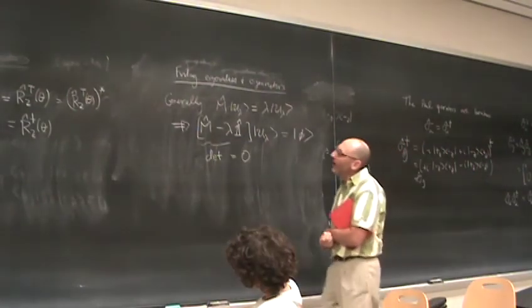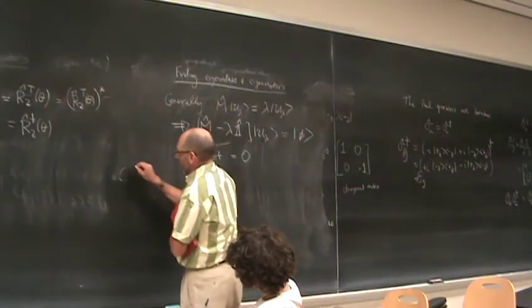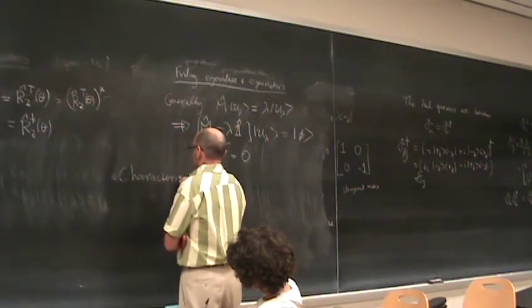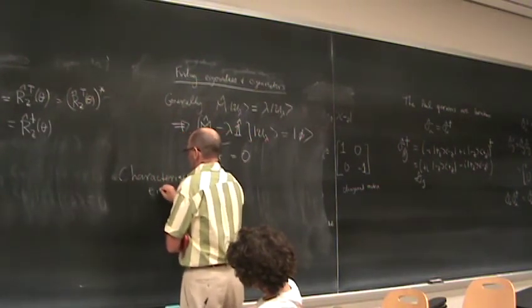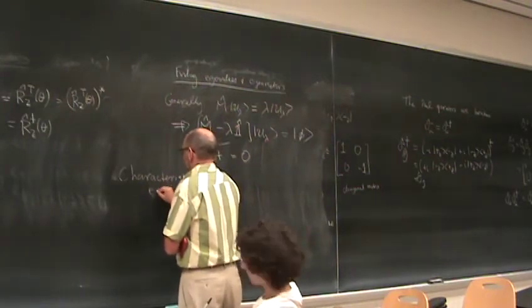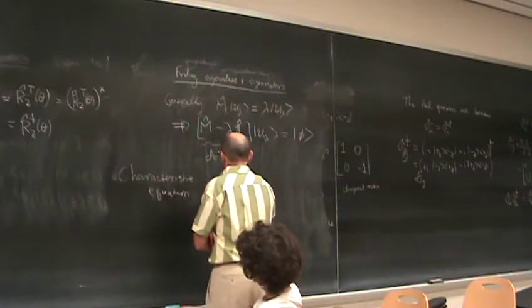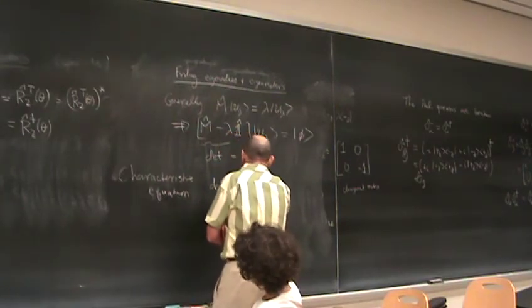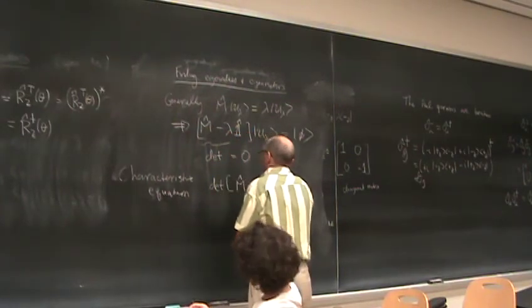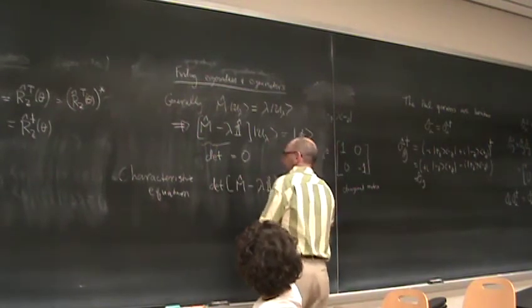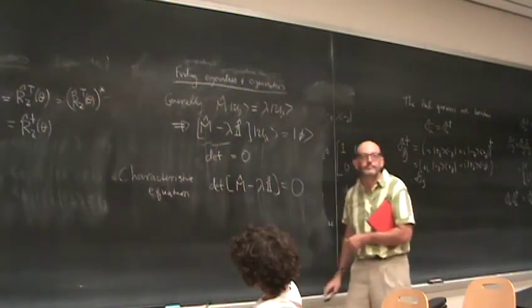So we find the eigenvalues by what's known as the characteristic equation, or the eigenequation, which says that the determinant of the matrix or operator minus lambda times the identity is 0.